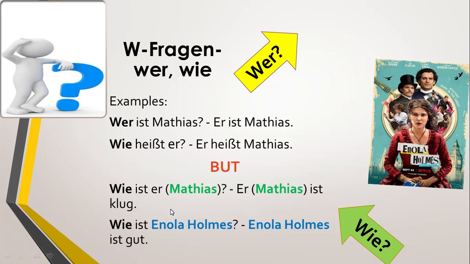So in this case, we're not asking who is Matthias, not wer ist Matthias, but wie ist Matthias. And we are describing Matthias in some way. So we are telling one of his attributes, which is that er ist klug. So he is intelligent.